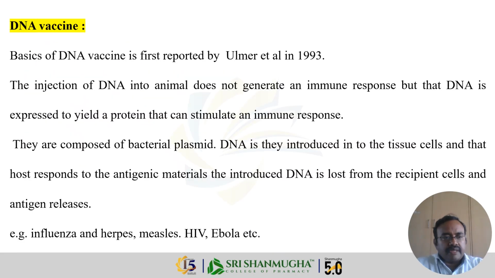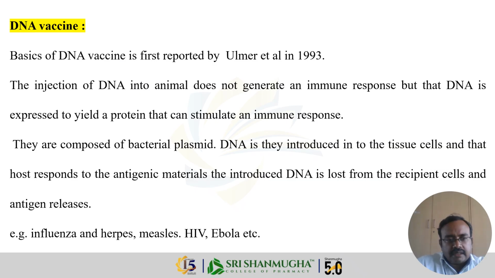Let's see what we mean by DNA vaccines. The basics of DNA vaccines were first reported by Ulmer et al. in the year 1993. The injection of DNA into an animal does not itself generate an immune response, but the DNA is expressed to yield the protein that can stimulate an immune response.